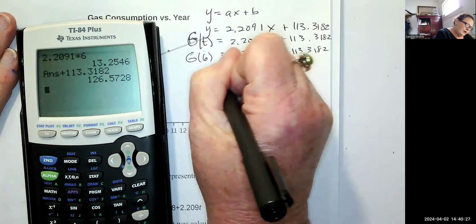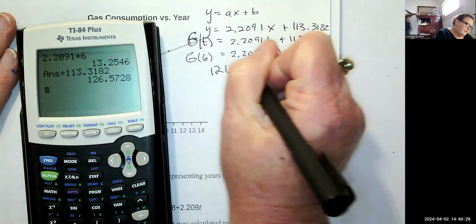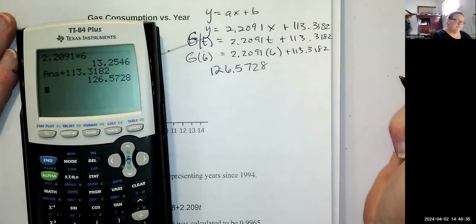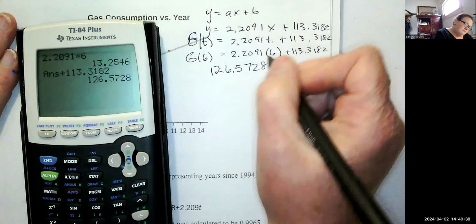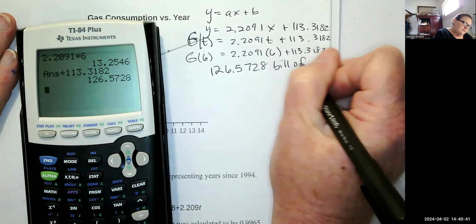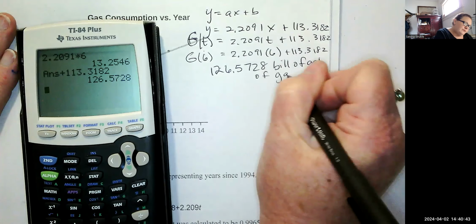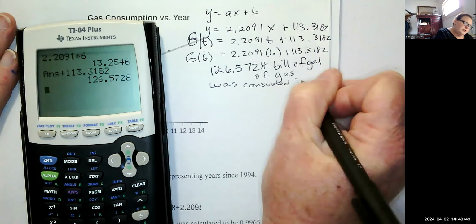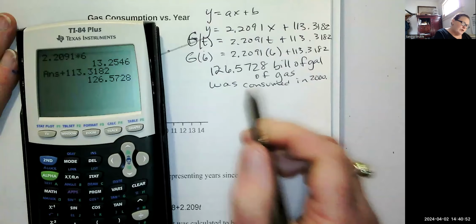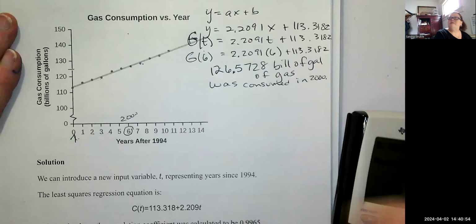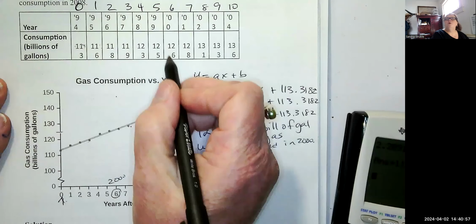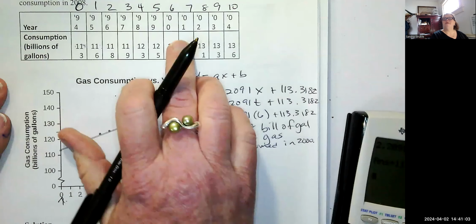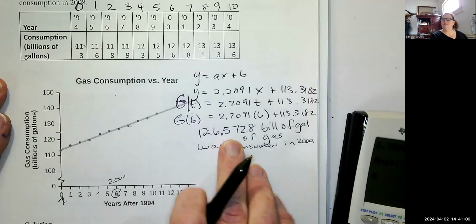And I get that 126.5728 billions of gallons of gasoline, billions of gallons of gas was consumed in the year 2000. So I'm curious if we're close to the data set, because I'm not even referencing that yet. So let's go over here and see what 2000 was. 126. Pretty good. Pretty good, pretty good, pretty good. So if this is accurate, and this is a close guesstimate, it's pretty good.